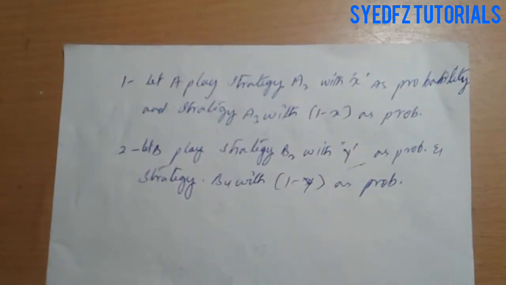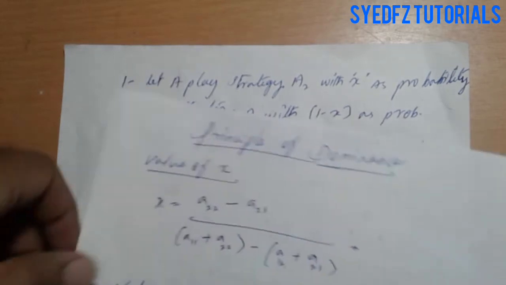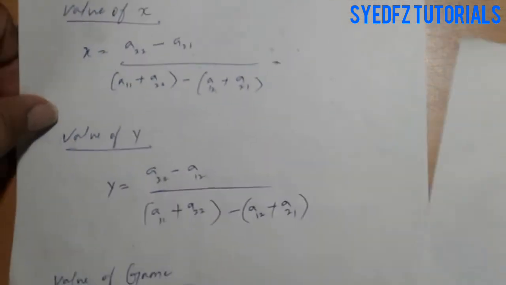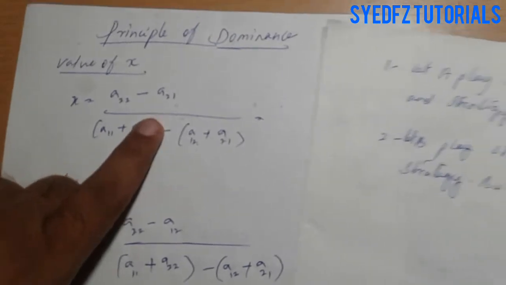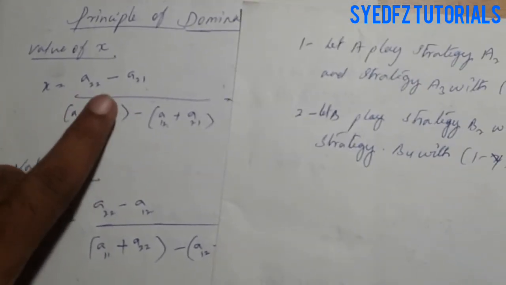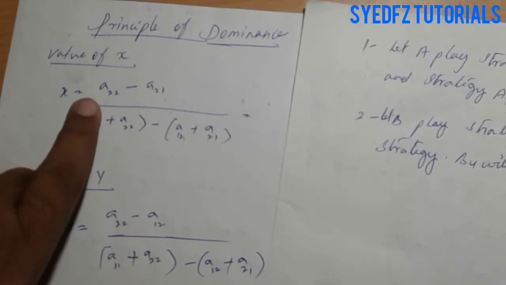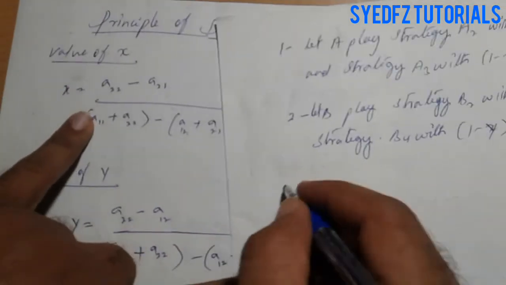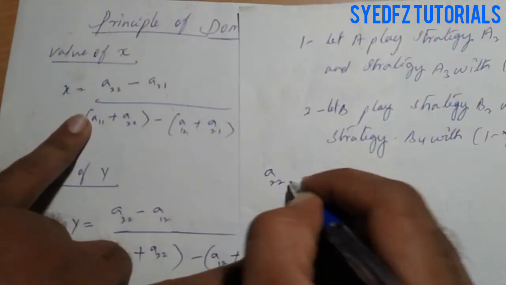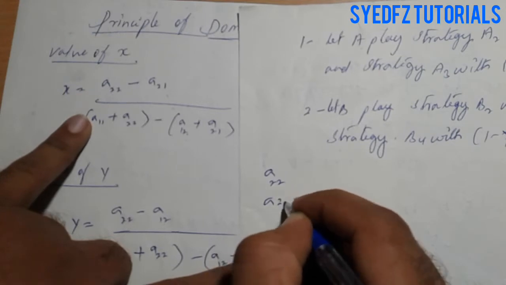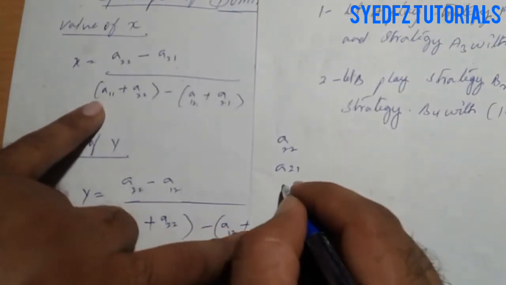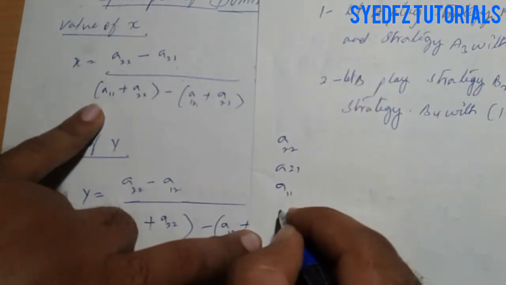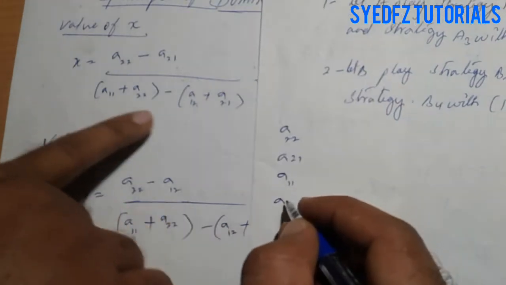Okay, now we have to calculate the formula. What is the formula for x and y? Let's create the first formula point. What is the main thing in the formula? Let's write separately: A22 we have to see, A21 we have to check, A11 and here A12.